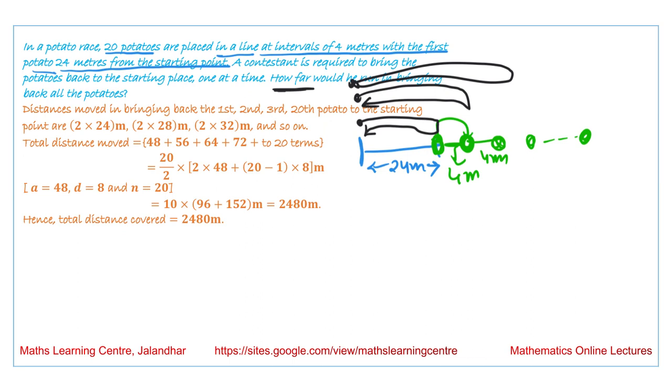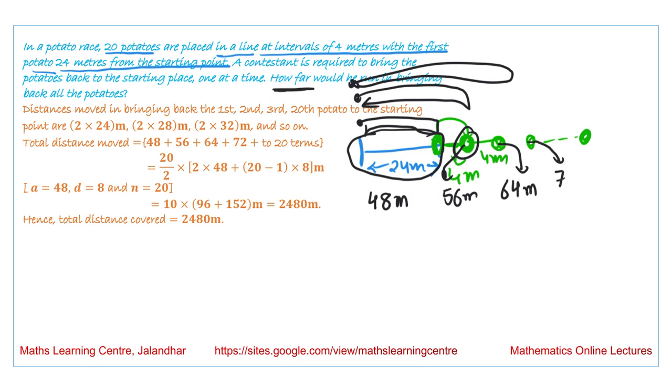To bring back this first potato, he will have to run 2 into 24, that is equal to 48 meters. To bring back the second potato, he will have to run 56 meters. To bring back the third potato, he will have to run 64 meters. To bring back the next potato, he will have to run 72 meters, and likewise we have 20 terms.